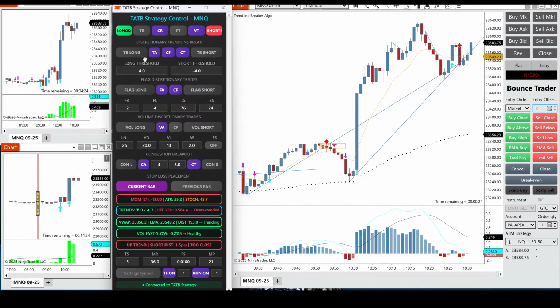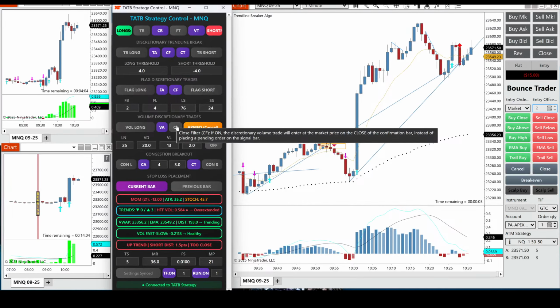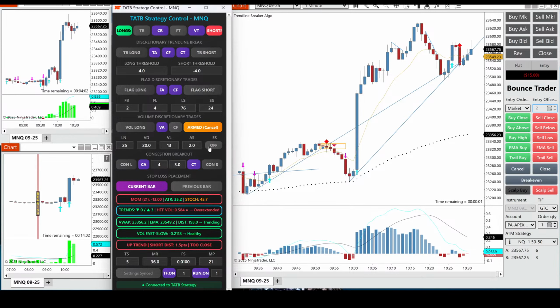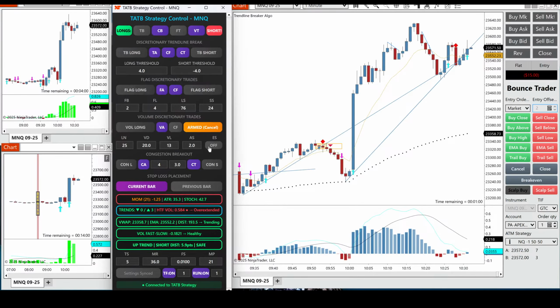So I will mark this off. But if we will have volume short, Volume up setup.